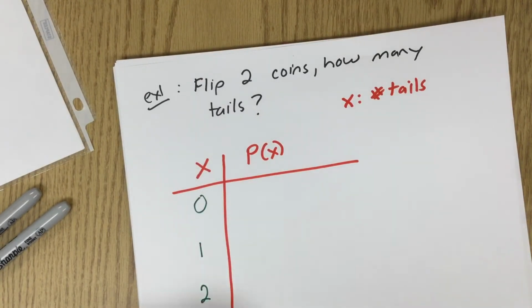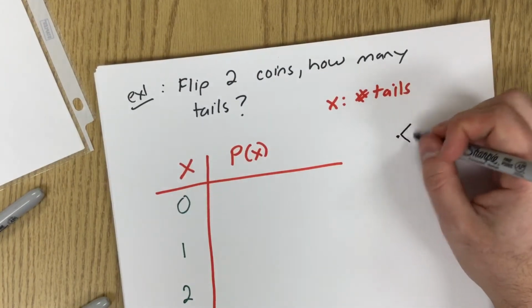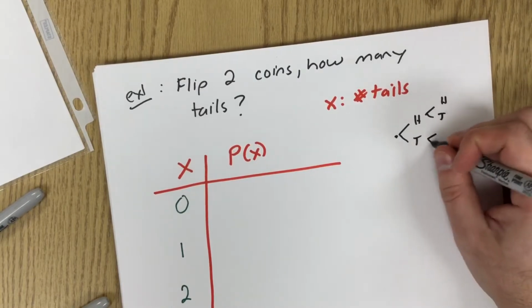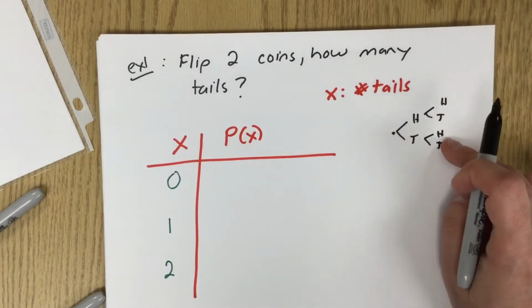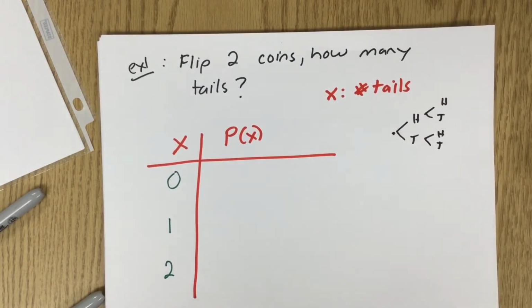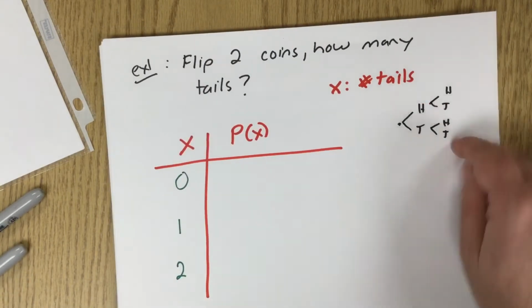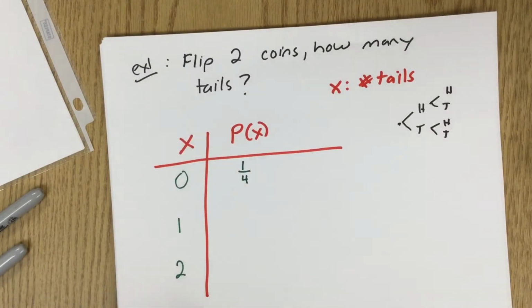Now the probability of getting 0 tails, here let's make a quick diagram in case you've forgotten how to do this. Heads, tails. Okay, so there's 4 possible outcomes. And how many of them have x being 0, x being the number of tails? That's going to be 1 out of the 4.